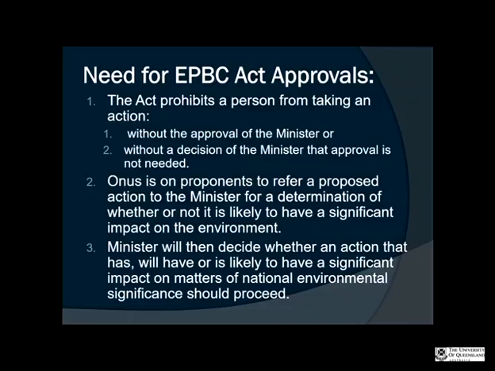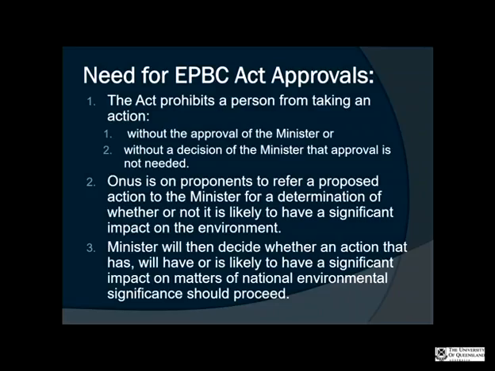If it will, then it will proceed to an assessment phase. If not, you'll get a letter back from the Minister saying this is not a controlled action under the EPBC Act. Controlled action means it's something that requires approval from the Commonwealth. And so because it's not triggered, it doesn't fall under the EPBC Act. So you have your letter from the Minister telling you.